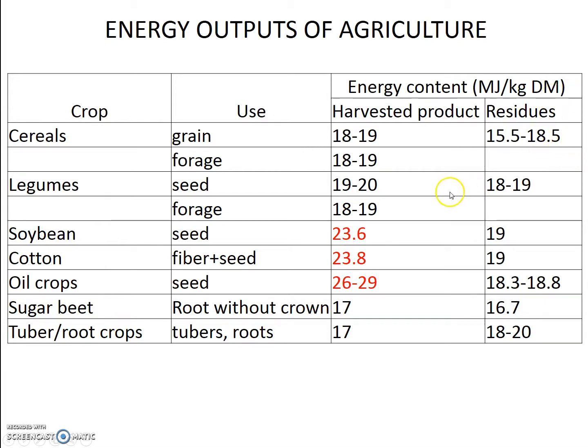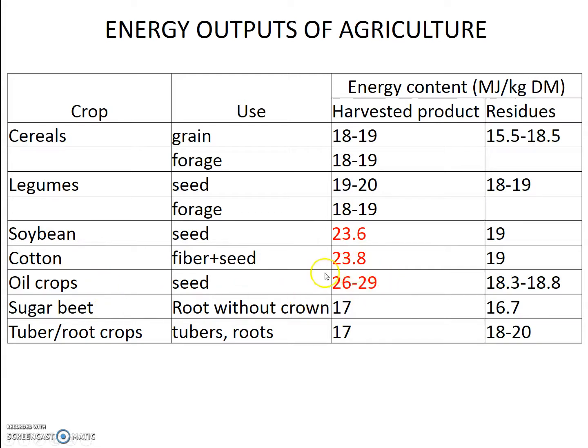We see that typically the harvested part of crops does not exceed 20 megajoule per kilogram of dry matter, with the exception of those crops that accumulate oil, like soybean or cotton, oil crops like sunflower.